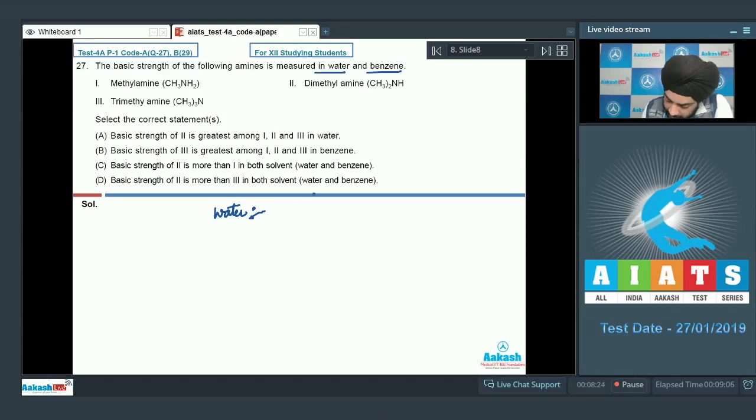So if we talk about water, we know that the basicity order follows the order dimethylamine is more than methylamine is more than trimethylamine. And if we talk about non-polar solvents like benzene, where there is no effect of hydrogen bonding or solvation, here only inductive effect dominates and greater the inductive effect, greater is the basic strength of the amine. So here we are going to have an order of 3 more than 2 more than 1.